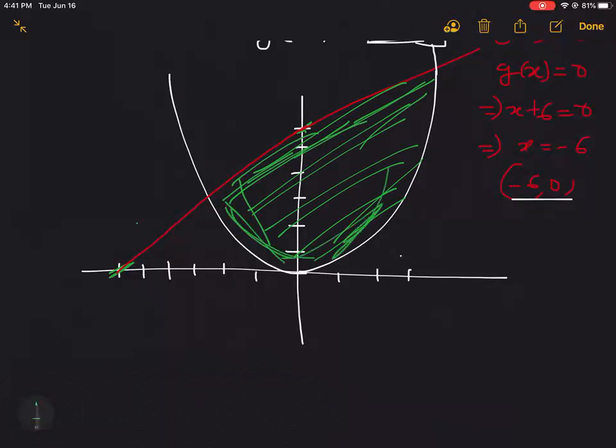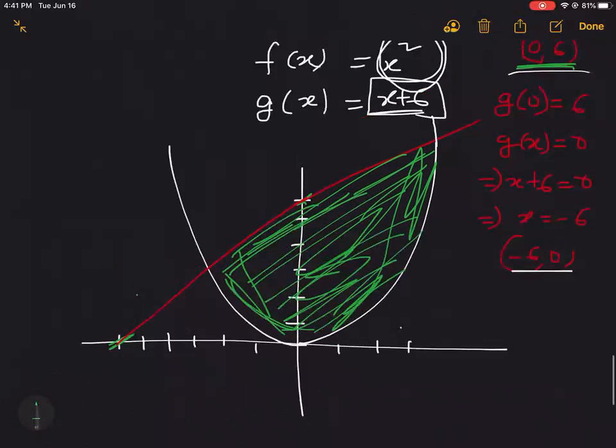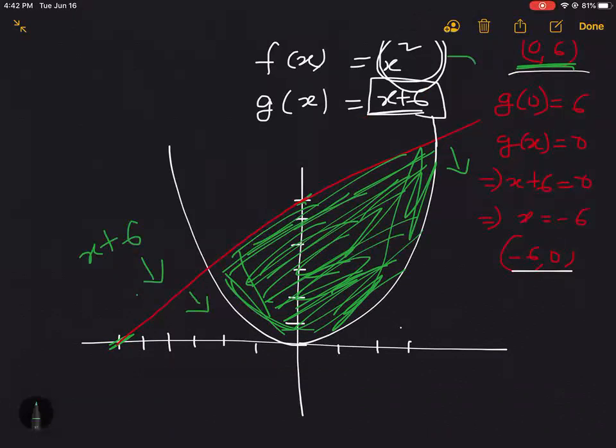This entire region below this red line is strictly less than, because on the graph we can see this green shaded area is below this red line, right? This red line is of course x plus 6. So all we want is the portion of x squared strictly less than that. So your answer should be this green portion.